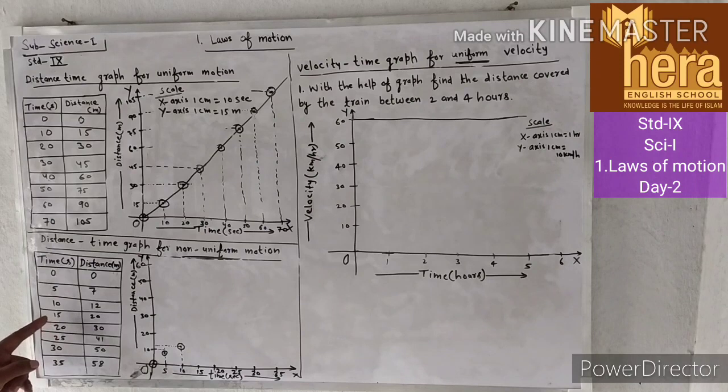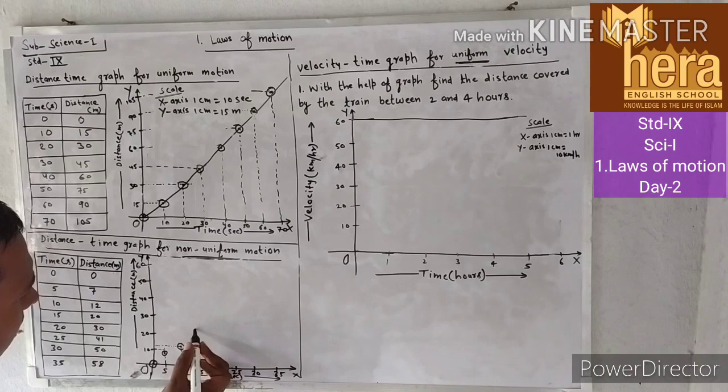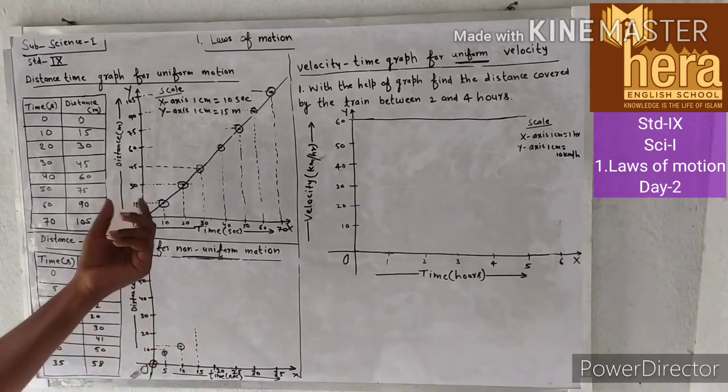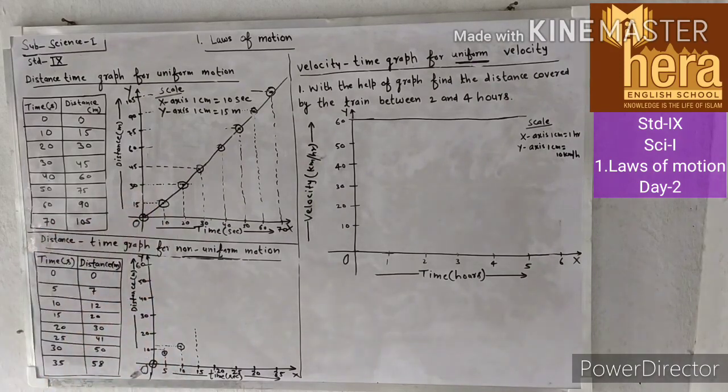At 15 seconds, distance is 20 meter. You have to plot this graph on graph paper. Okay, so if you make it on graph paper, then your graph will be very neat and clean. 15 seconds, 20.